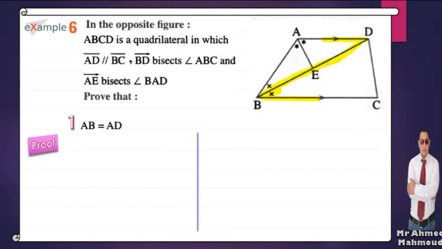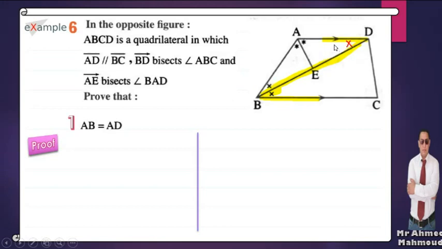Then this angle equals angle DBC. Since those two angles are equal in measure, DBC and DBA, then angle DBA equals angle BDA.